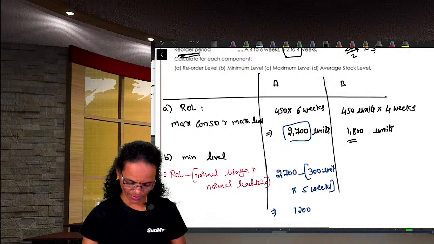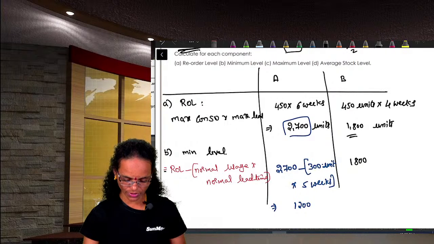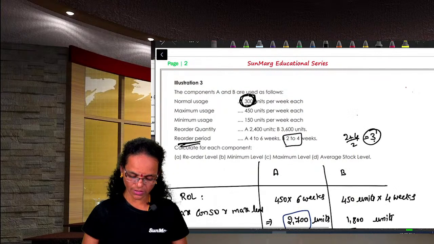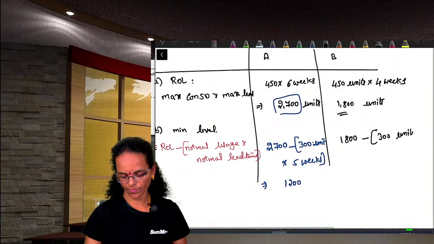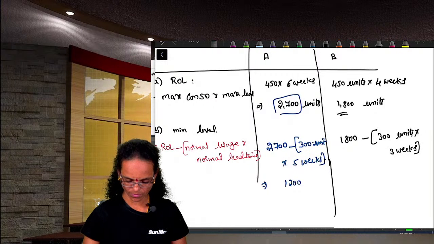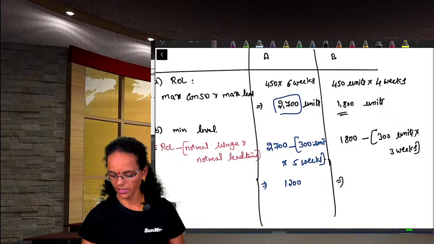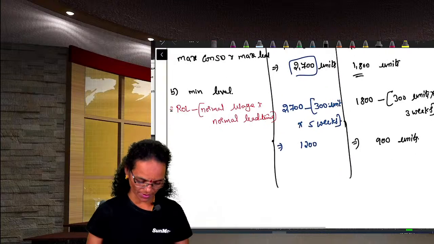So, reorder level 1800 units minus normal usage 300, and normal period is 3 weeks. 300 into 3 is 900, minus 1800 is 900 units, which is the minimum level.